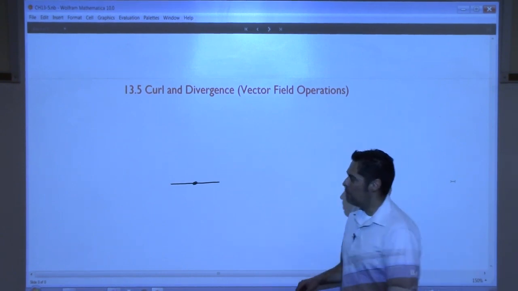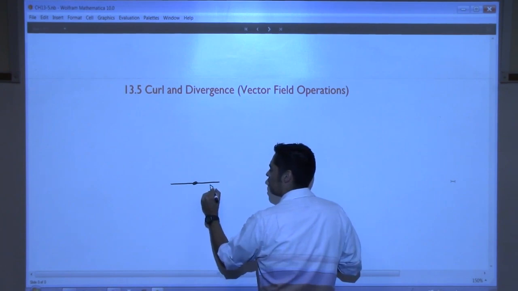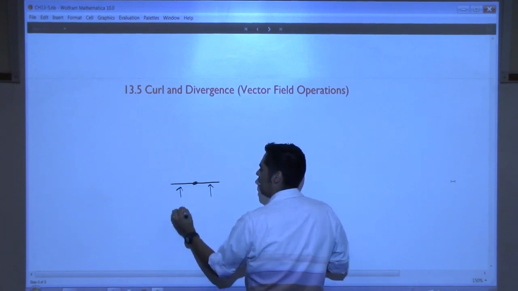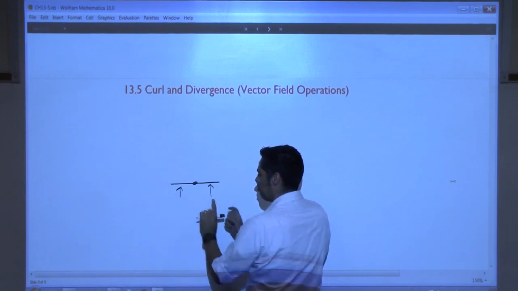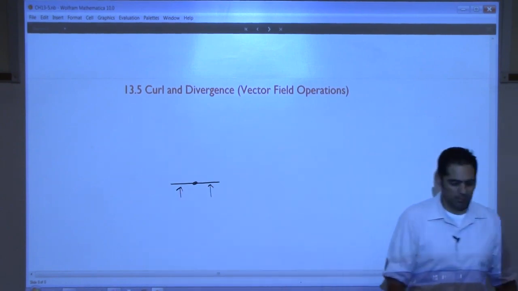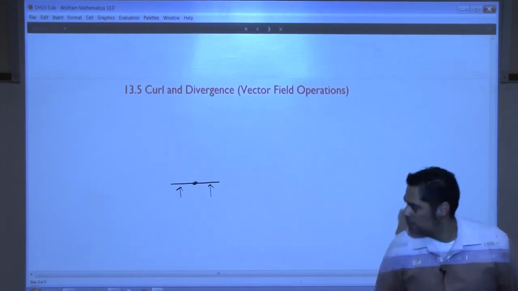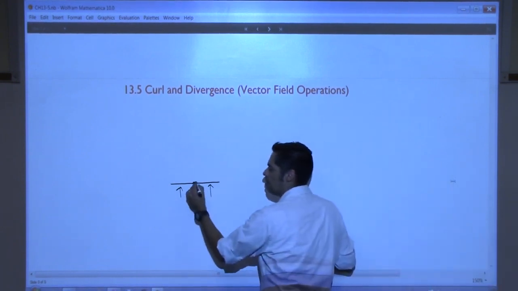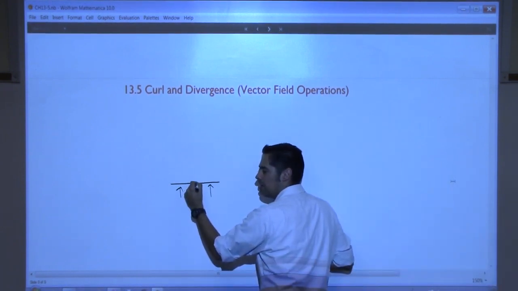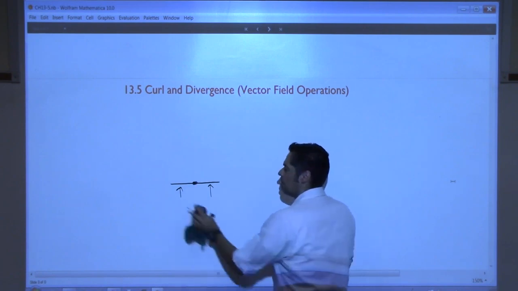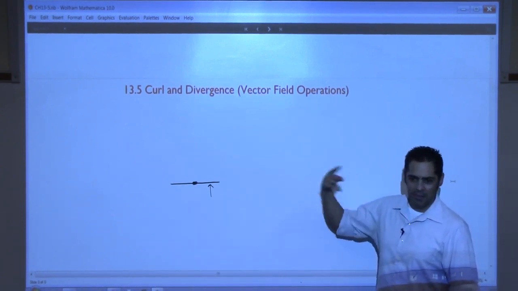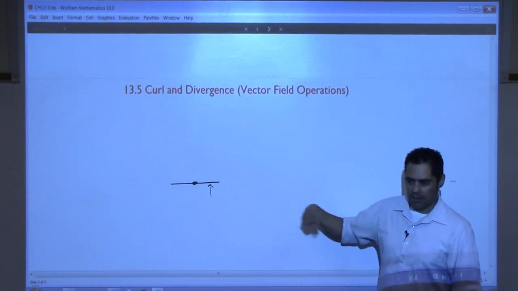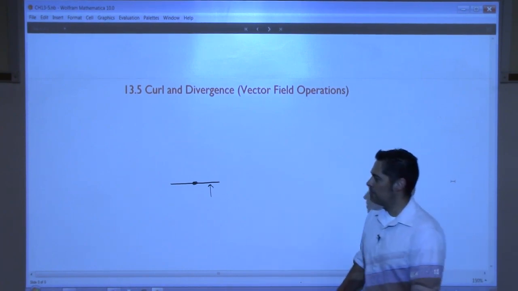But if I push on this with a force here and a force here at the same distance from the pivot point, and I push with the same amount of force, what's going to happen? No, this is a pivot point, and it's locked in place. That doesn't move. Well, let me do this. What happens if I just do that? It starts spinning, right? It would start spinning this way, yes?